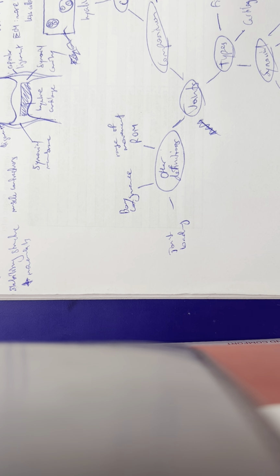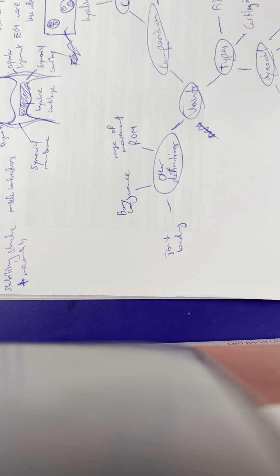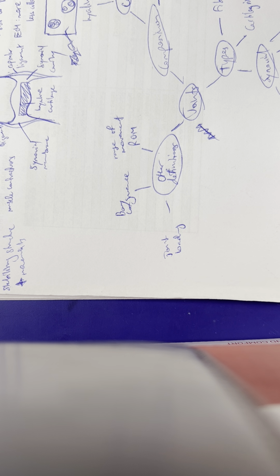So when you move around, the pressure pushes the fluid and nutrients into the ECM of the cartilage, and it helps maintain and grow it. So when you damage your cartilage, it's really hard to repair because it's avascular and there's not a lot of nutrient supply.